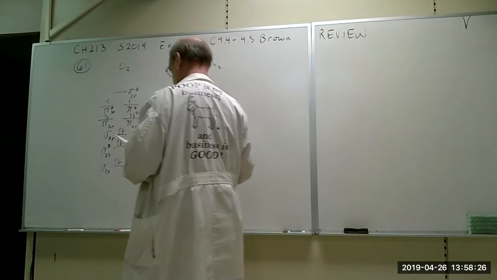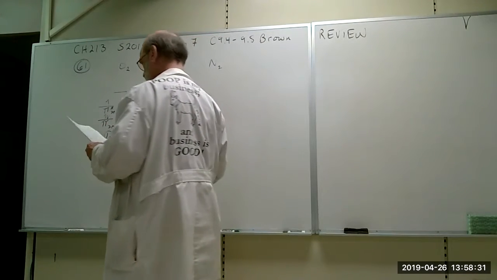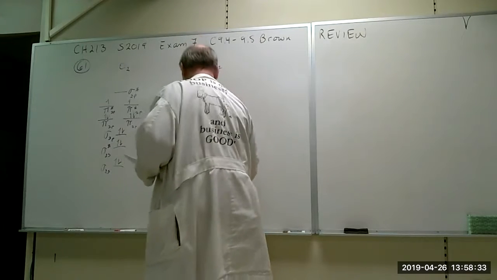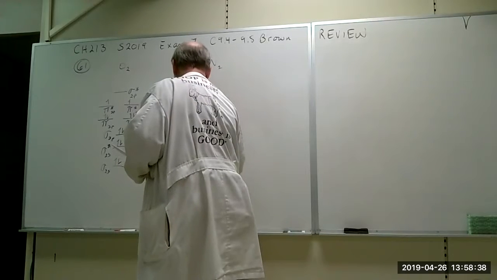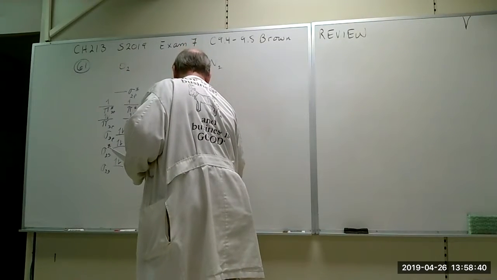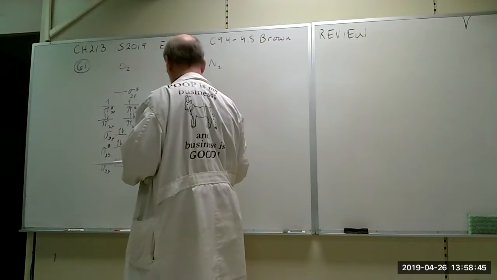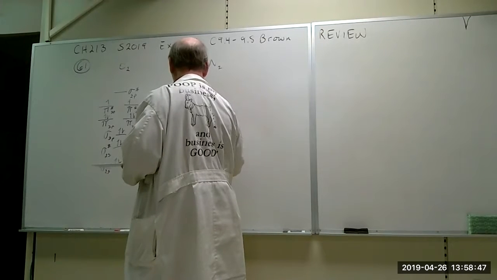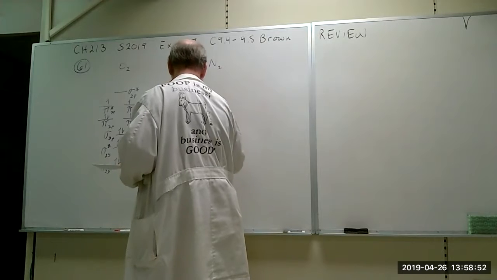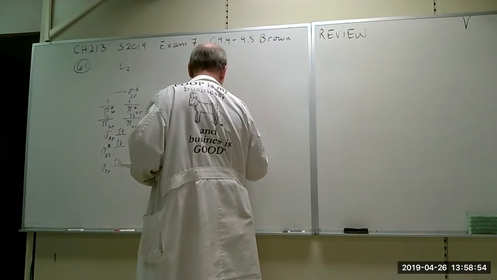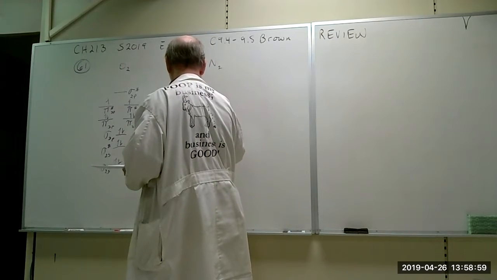Now let's do nitrogen. Nitrogen experiences sp mixing. So the order changes. So we've got sigma from the 2s, and we have sigma star from the 2s. But then, rather than sigma from the 2p, we have pi's from the 2p. Then we have sigma from the 2p.